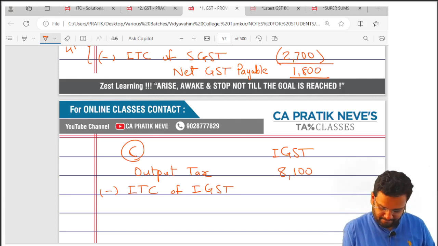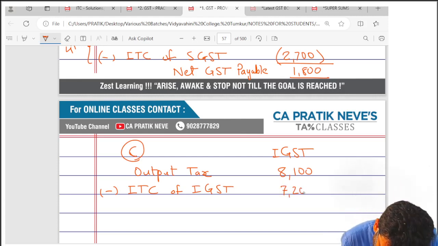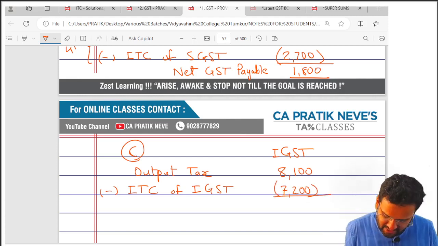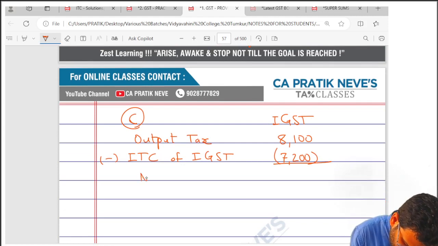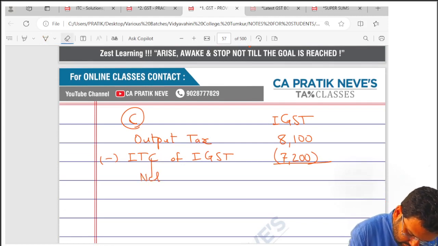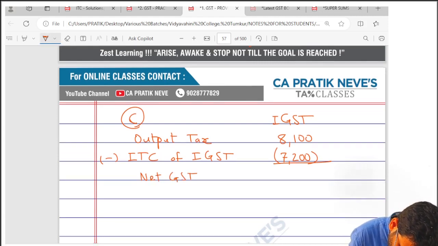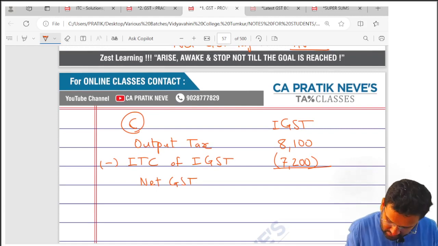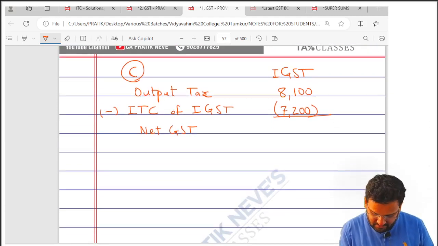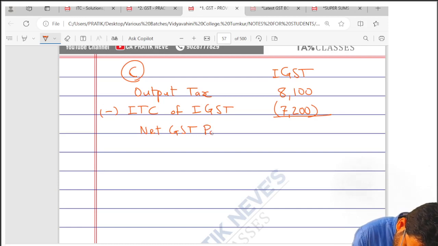How much? 7,200. So what is net GST payable? Sorry? 900. Net GST payable is 900. Which GST is that? IGST. Very good.